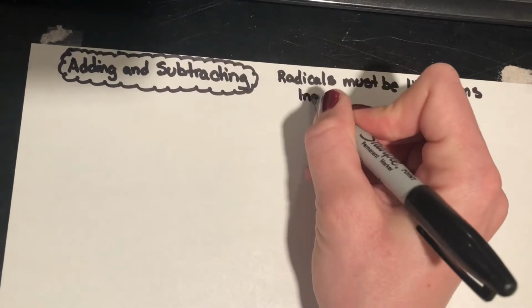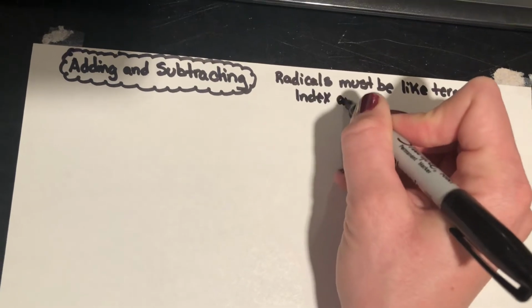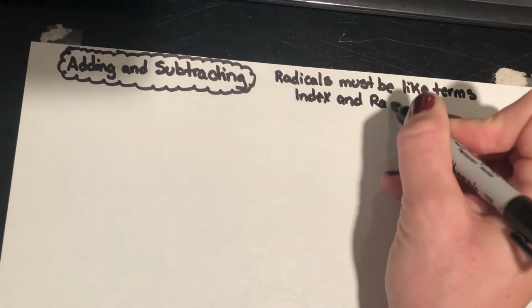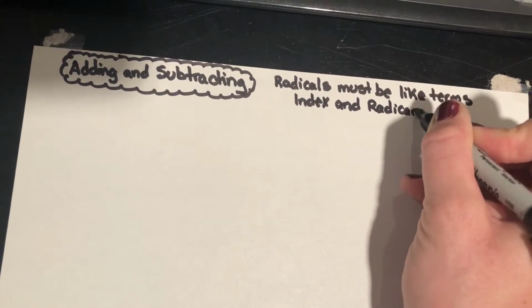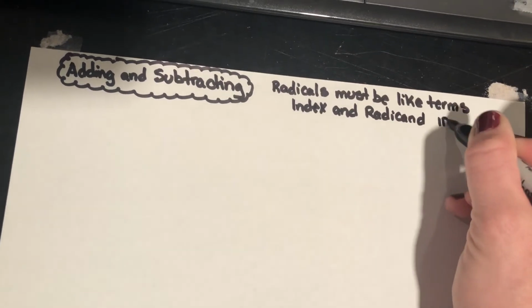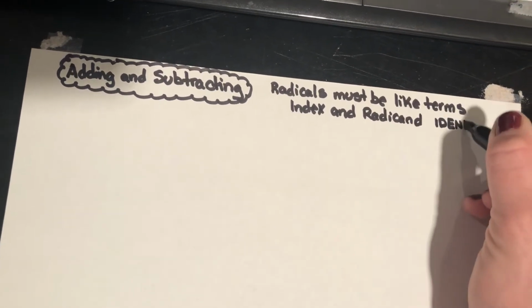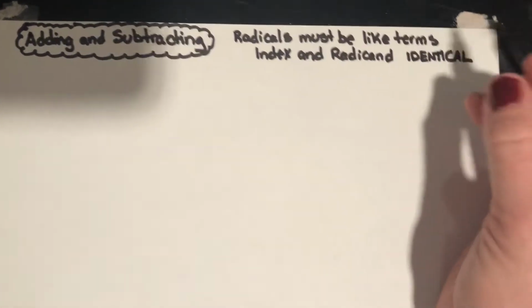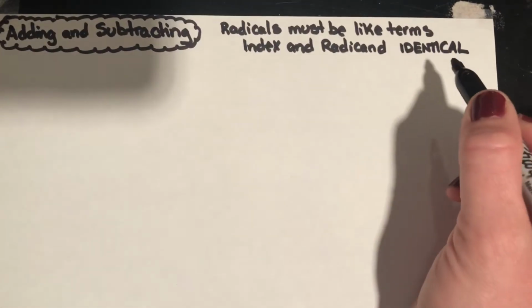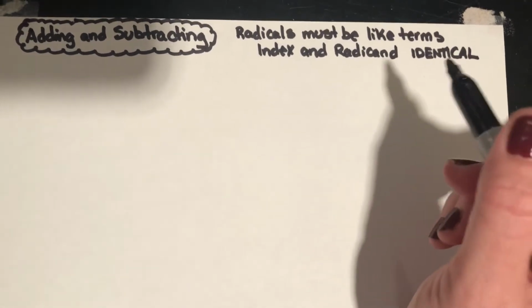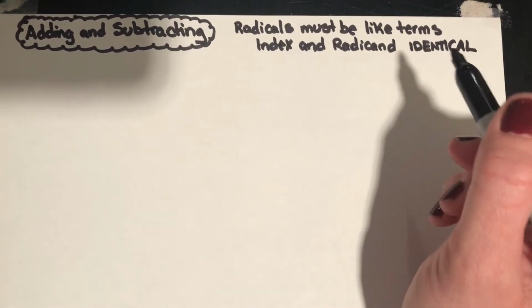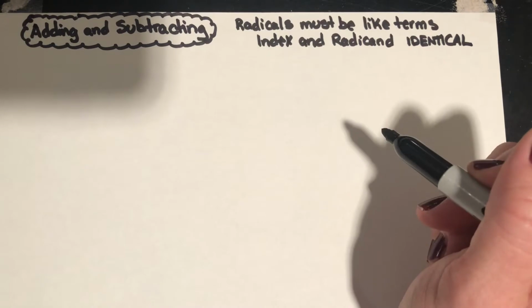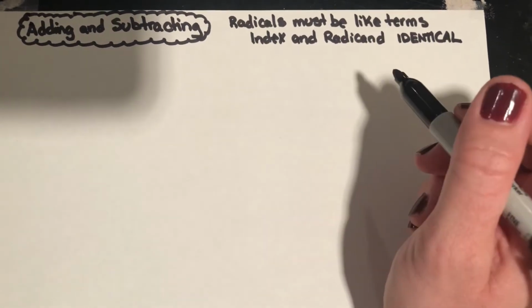That means the index and radicand have to be identical. That is incredibly important. If that index and radicand are not identical, you cannot add or subtract them. They must be identical in order for you to do that. Otherwise, they are not like terms.